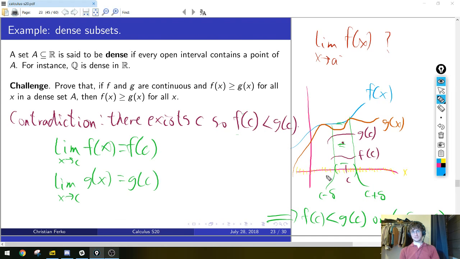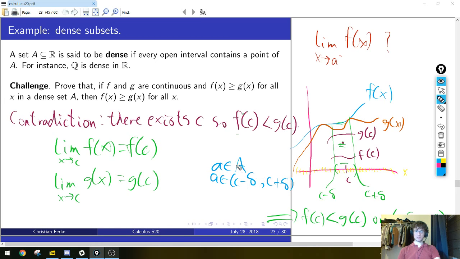Do we have to show that this interval c minus delta, c plus delta is a subset of our dense set A? Not a subset, but if we know there's one element of A, right? If we can show that there's a single a in A which is also in our interval, then we'd have a contradiction, right?